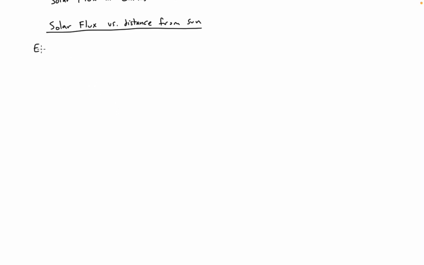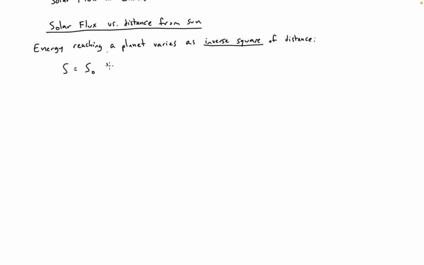So the energy reaching any celestial body, including Earth, varies as what's called the inverse square of distance. And so the formula, I'll just write it and then I'll talk about it.